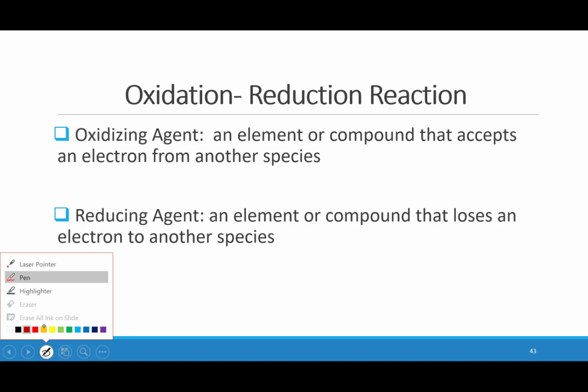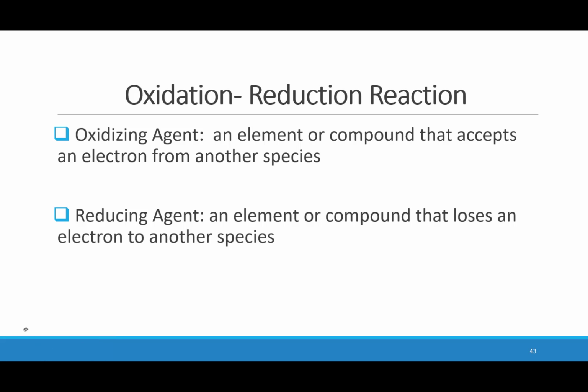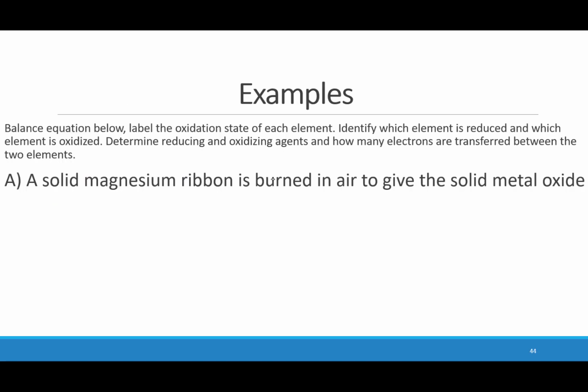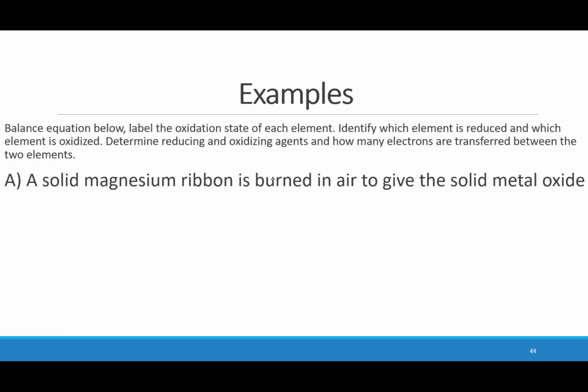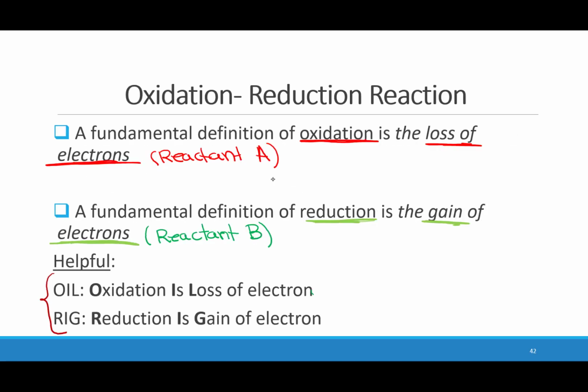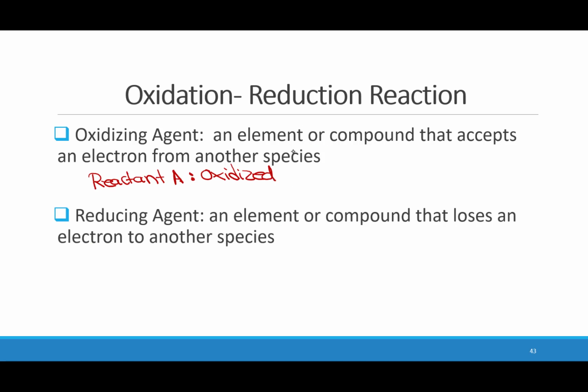Going back to our previous example, reactant A was oxidized. What happened is that it helped reactant B get reduced. That's why reactant A is oxidized, but it's also a reducing agent.